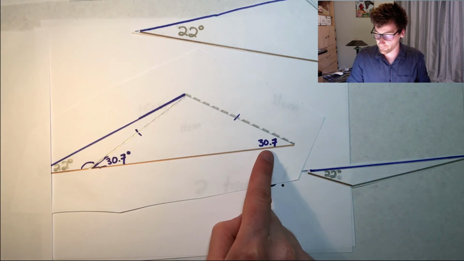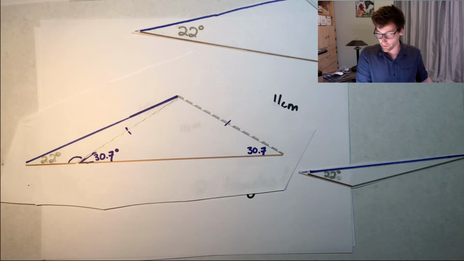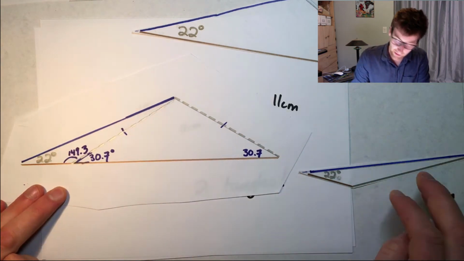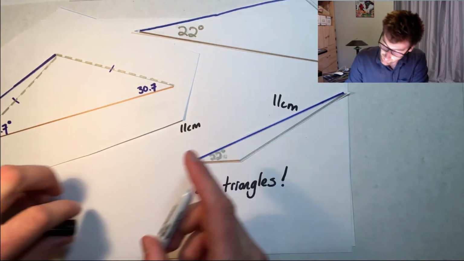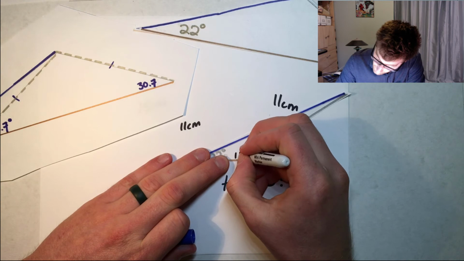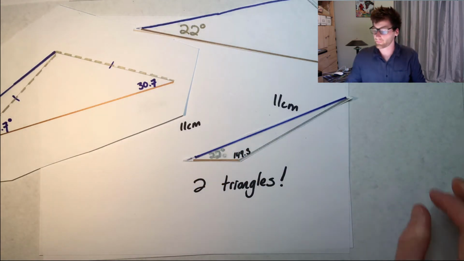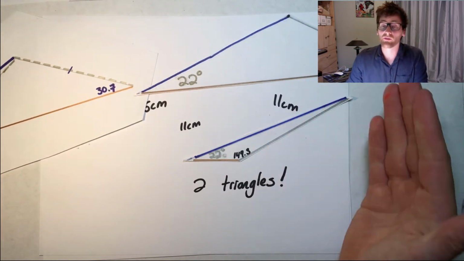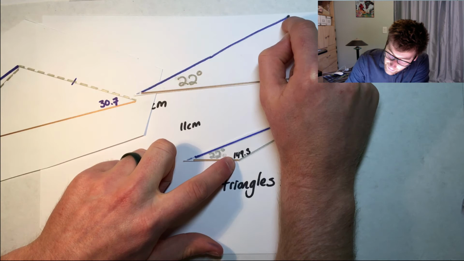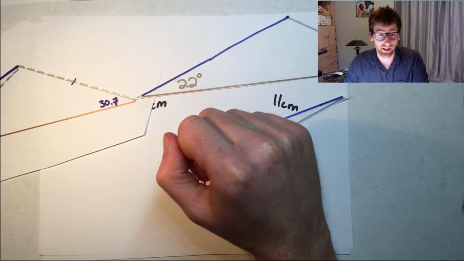So here we get 149.3 as our angle, and that's actually what our angle is right here, 149.3 degrees. Then we could solve both triangles using sine law for getting that angle and that angle afterwards, solving them separately as 2 different triangles.